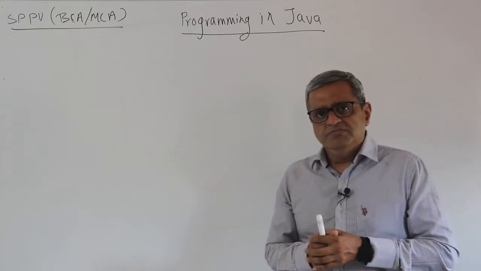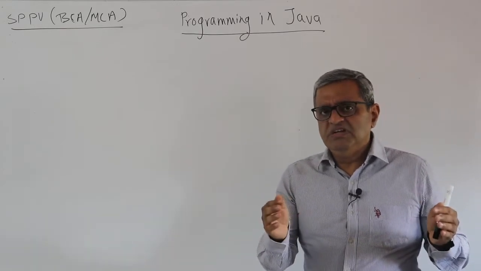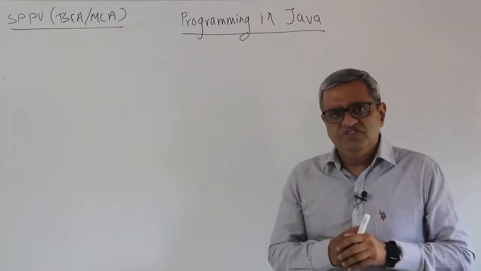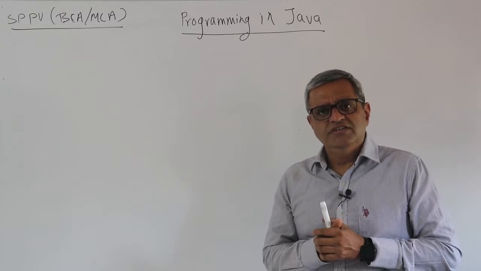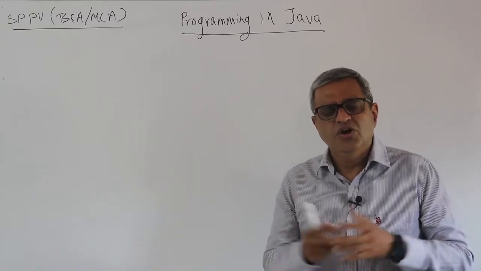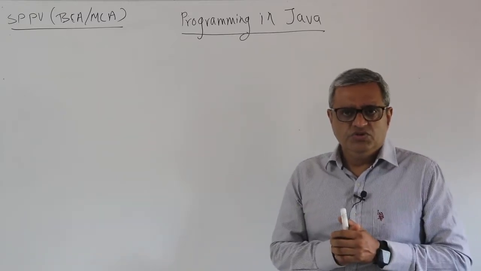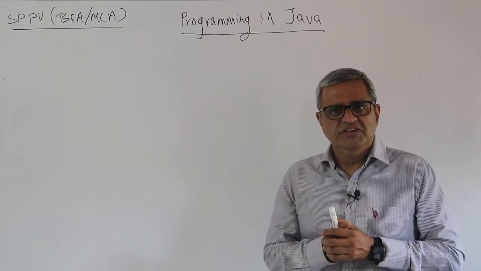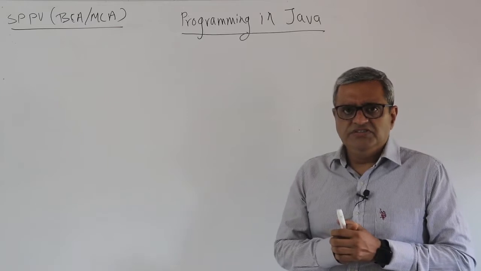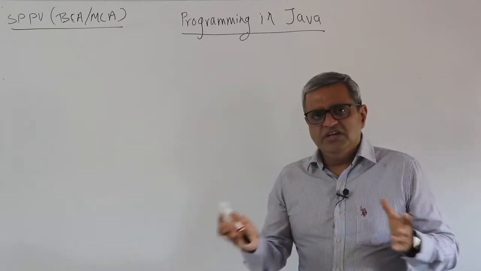Okay, see, basically if you look around you, you will find a lot of objects. There is a tube light, there are fans, there is a table, there are chairs.